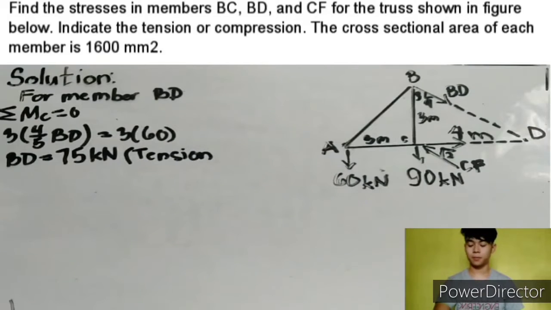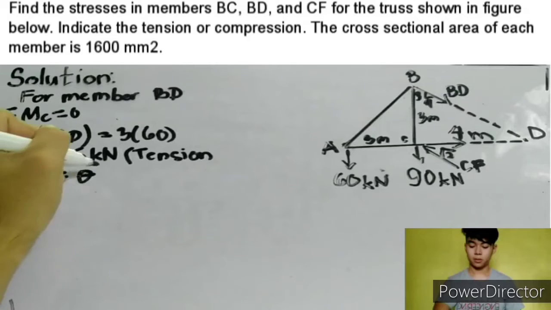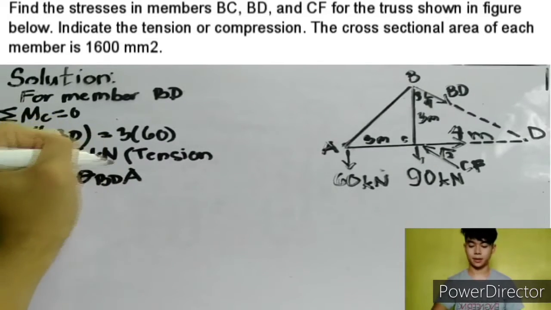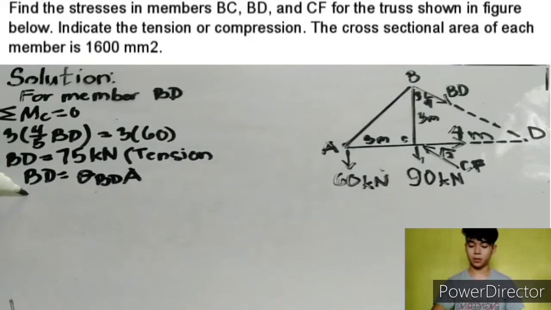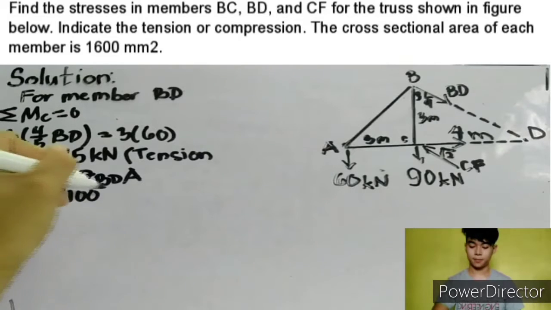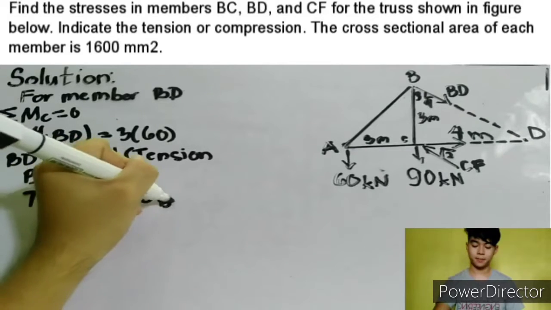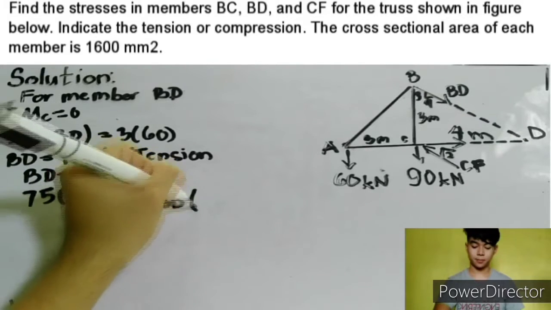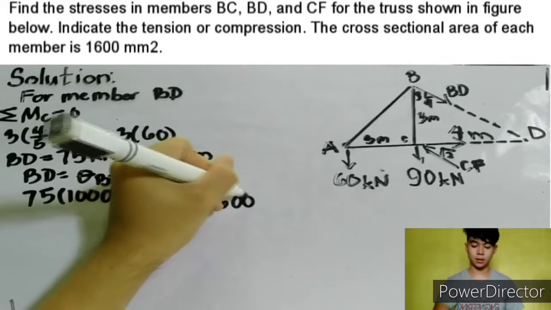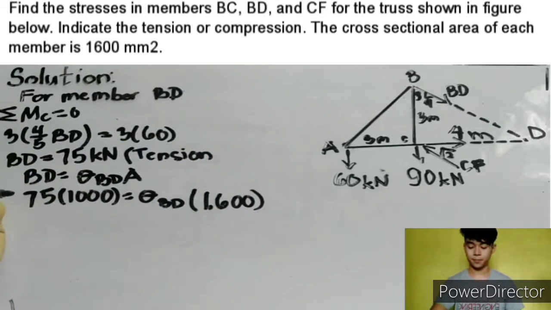So now we can solve the stress in member BD. So BD is equal to the stress of member BD times the area. So substitute: 75 times 1000 equals the stress in BD times 1600, the area.